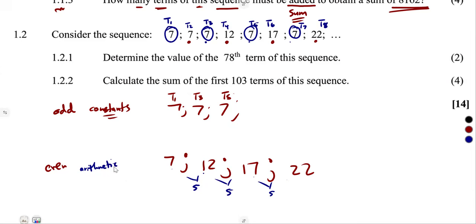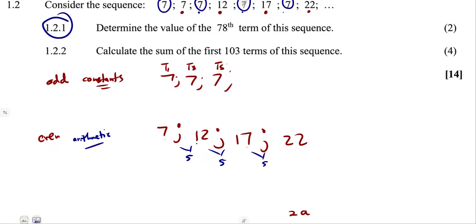It is important for you to note what type of sequence you have, as there are two of them. Anyways, 1.2.1: determine the value of the 78th term of this sequence, T78. T78 belongs to which of the two now?